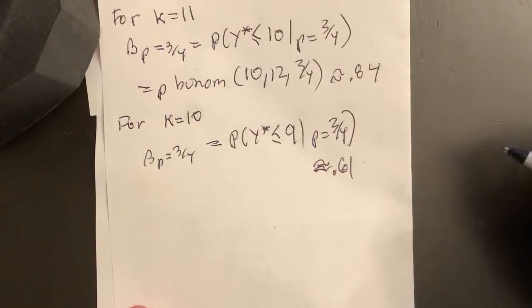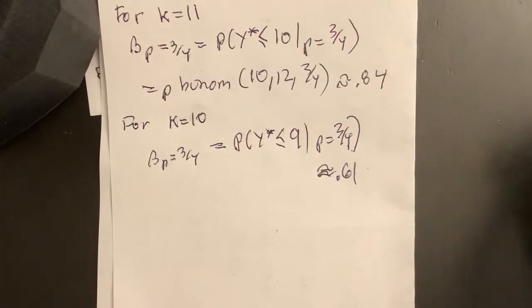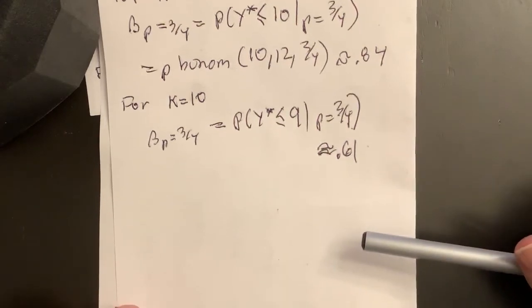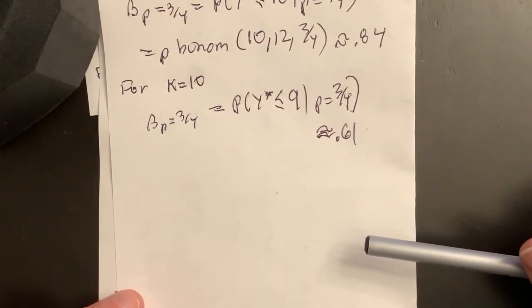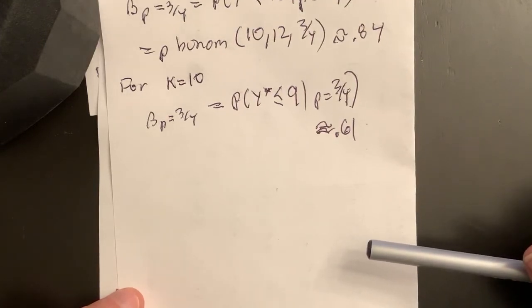So this test is more forgiving. If I only require 10 to conclude the alternative hypothesis, then at 3/4, I would have to get 9 or fewer to make a type 2 error, and that can happen. It has a good chance of happening, actually 0.61, but not as high as the other ones. So the type 2 error is less.